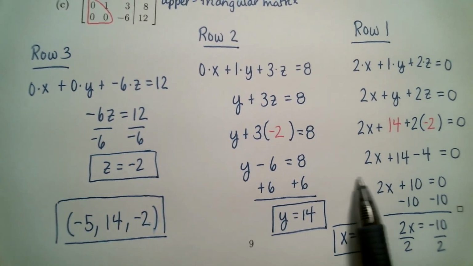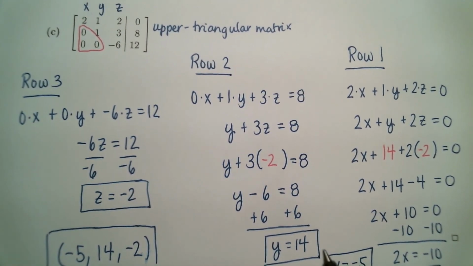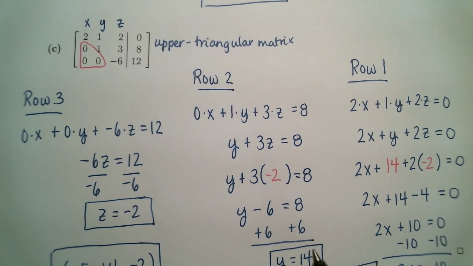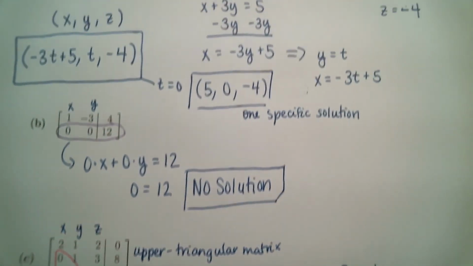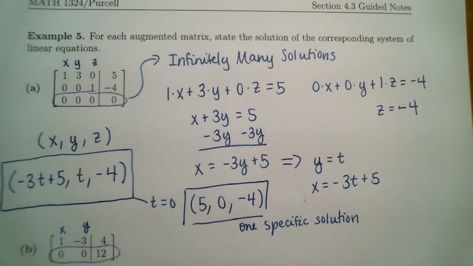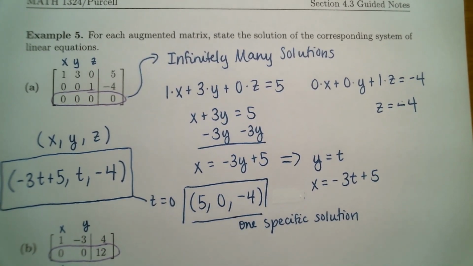This is probably an easier method, but the drawback is it only works if it's an upper triangular or a lower triangular matrix. So when you have your test, you'll have a problem something like this, where I give you a final matrix or something that's been solved partially, and you have to give me the solution to the corresponding system of equations.